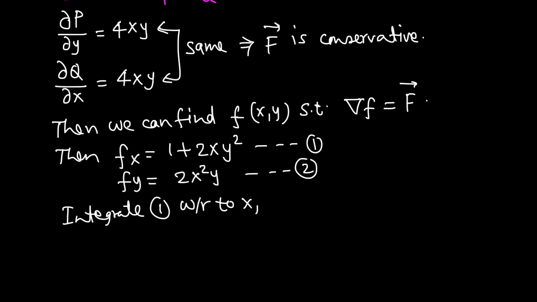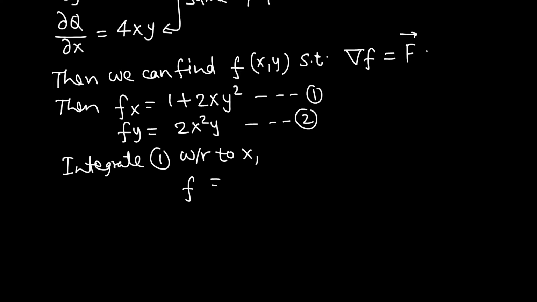So the antiderivative is f of x, y equals the antiderivative with respect to x, just x, plus y squared behaves like a constant. Antiderivative of 2x is x squared, so x squared y squared plus a constant, but that constant could be a function of y, so we write h of y, where h of y is a constant of integration. Equation 3.